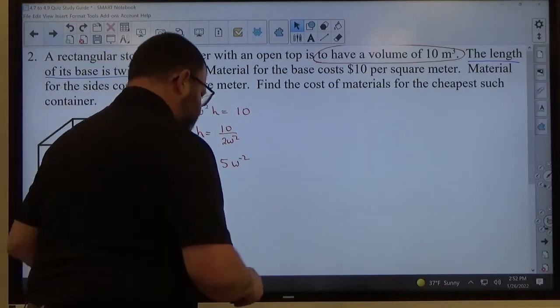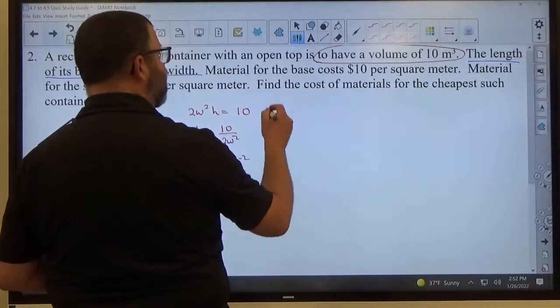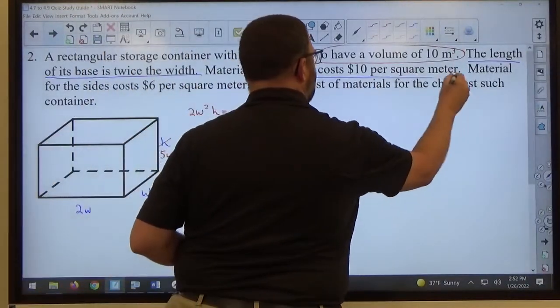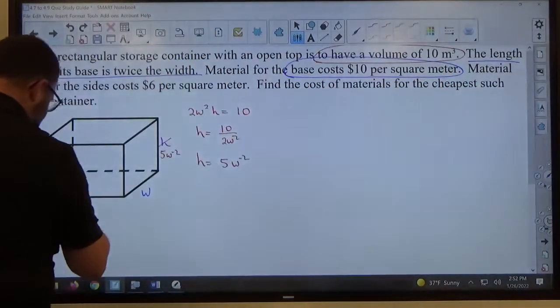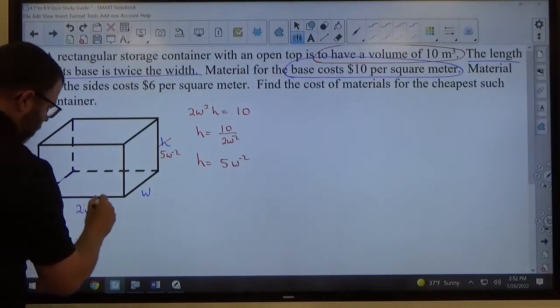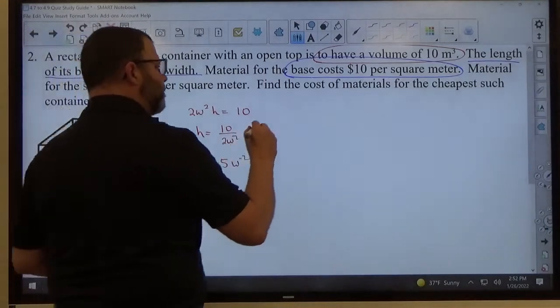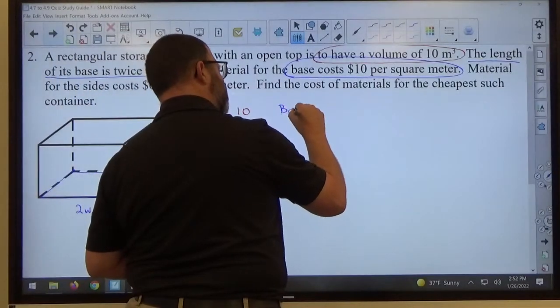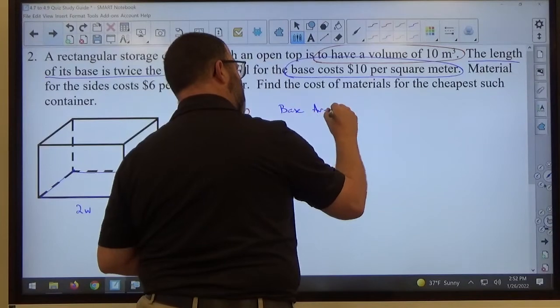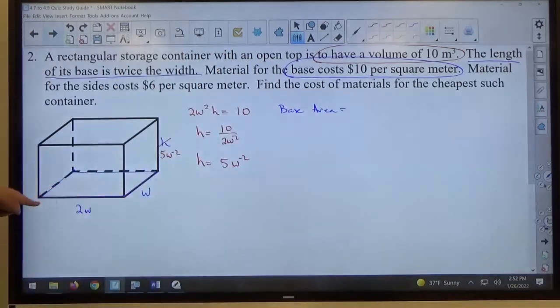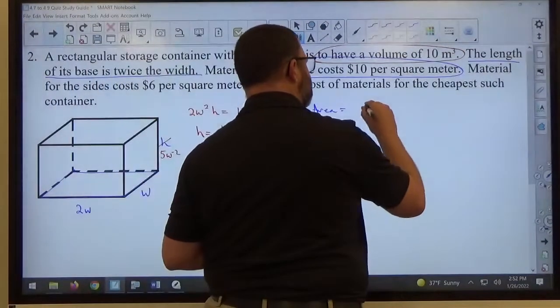So it tells us the base costs $10 per square meter. The base is 2W by W rectangle. So the area of the base is 2W squared square meters.